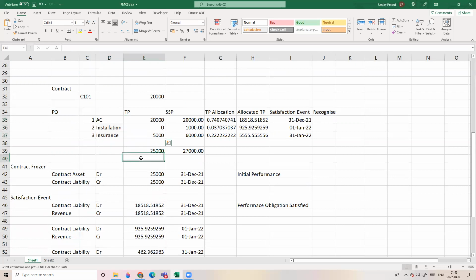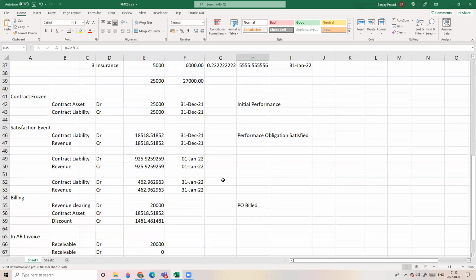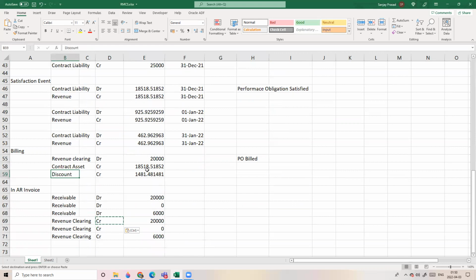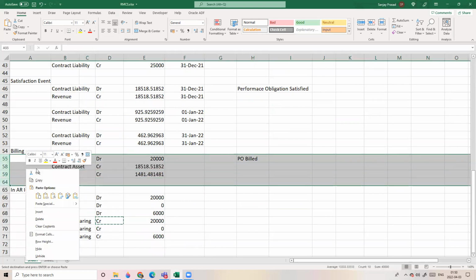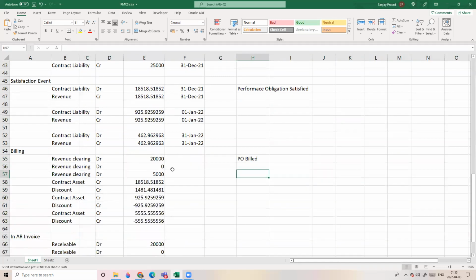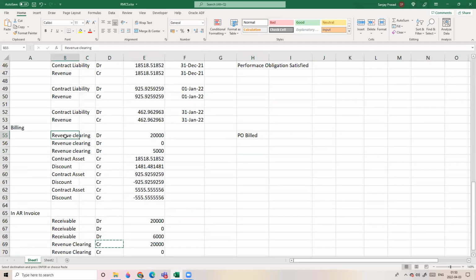It is worth less because the customer is buying it since installation has been given free. That means its standard price is 20,000, but it actually generated revenue of this much. So I'm giving a discount of this minus this, and that is what is taken care of in this account. Now let me unhide this quantity. So this is how accounting will be for all three performance obligations in my contract.